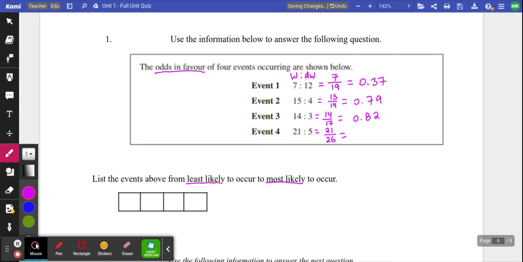And 21 divided by 26 is 0.81. So to list these from least to most likely, it would go 1, 2, 4, 3. From least likely to most likely.